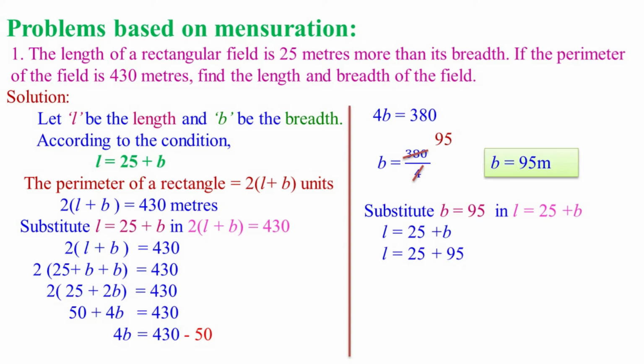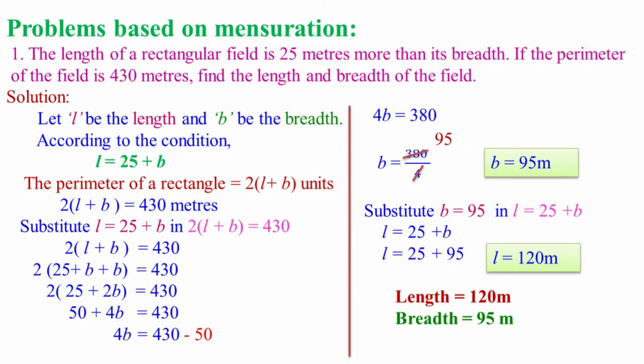Now add this 25 plus 95. L equal to 120 meter. Therefore, length of the rectangular field is 120 meter and breadth is 95 meter.